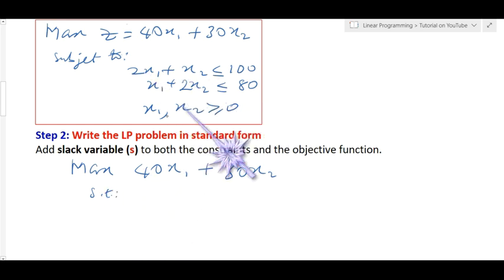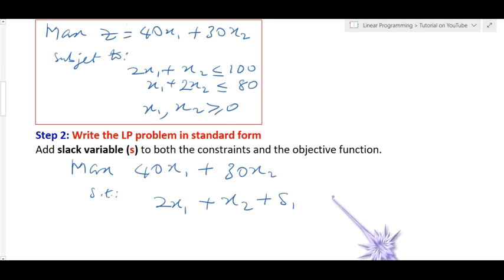the first constraint, you have 2x1 plus x2, then you add a slack variable according to the number of equations. This is equation 1, so we call it S1, slack variable 1.